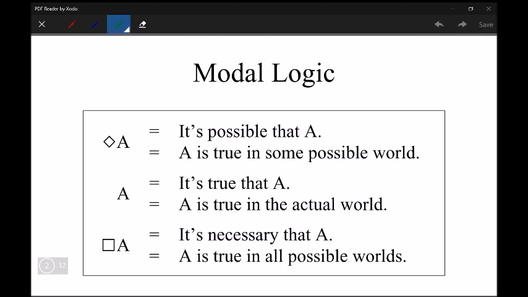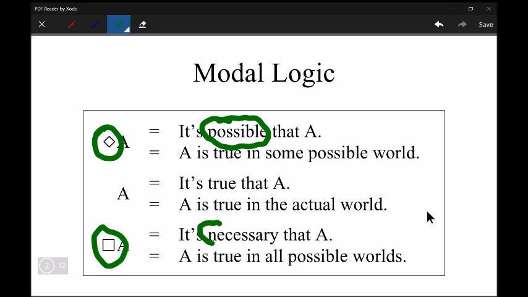Modal logic just adds some stuff to basic propositional logic. It adds 2 new symbols. There's the diamond and the box. The diamond means possible. So diamond A means it's possible that A. The box means it's necessary that A. These were at one time considered modes of truth.